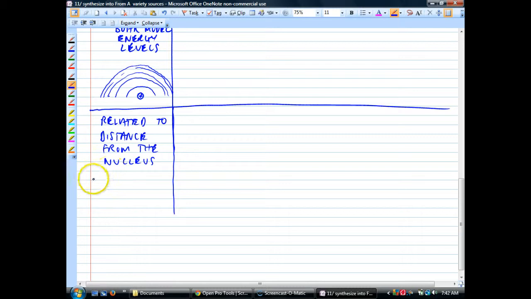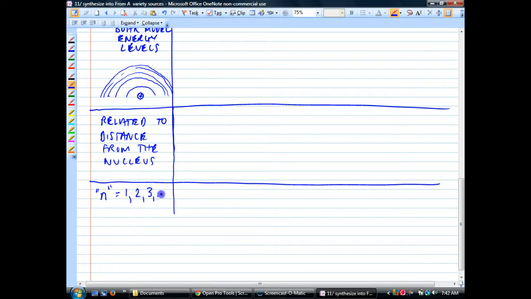The symbol is N. That's the symbol for the energy level, and the principal energy level can be 1, 2, 3, and so on. And so the idea here is that 2 is further out from the nucleus than 1, and 3 is further out than 2, and 4 is further out than 3, and so on.